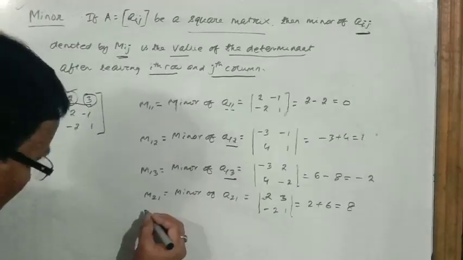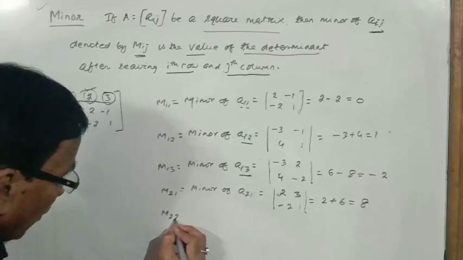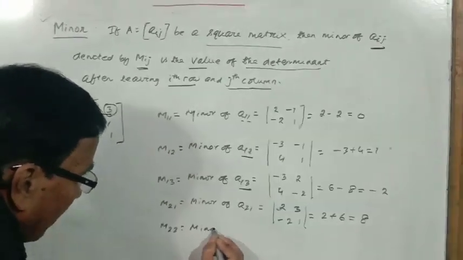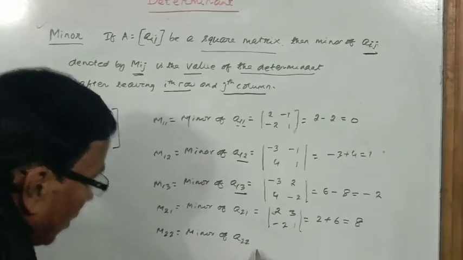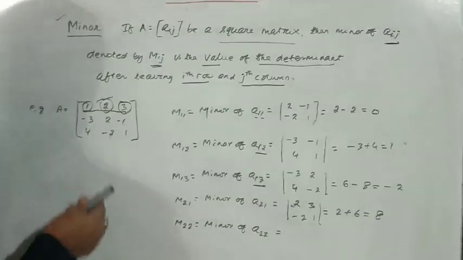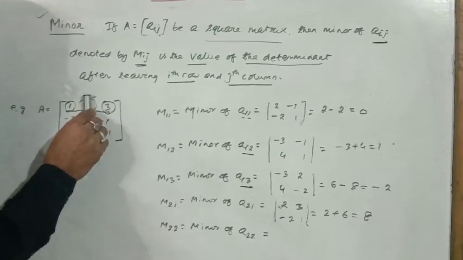Similarly, we will find out M22. M22 is nothing but the minor of A22. So you have to leave the second row and second column.